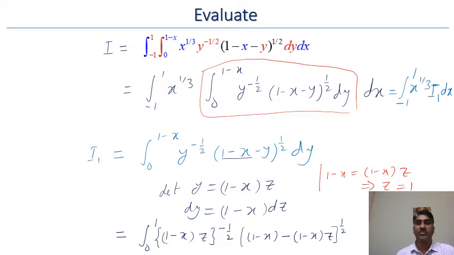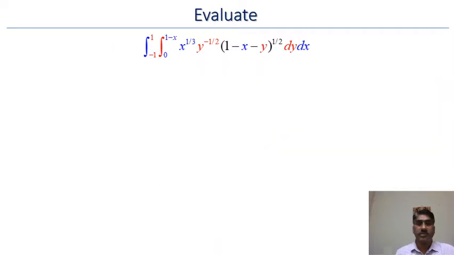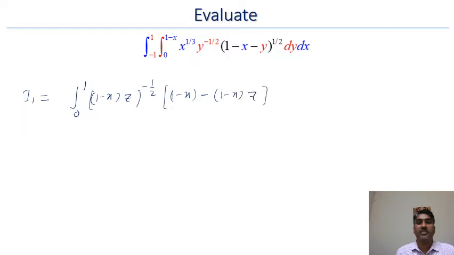half. This video actually is placed in the wrong position, so I am writing this on the next page. So this will become I1 as the integral from 0 to 1 of ((1 minus x) z) to the power minus half, then (1 minus x minus (1 minus x) z) whole power half, and then dy is (1 minus x) dz.